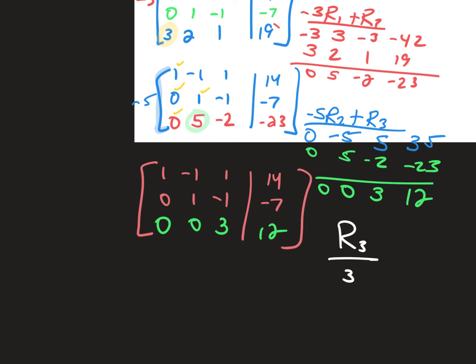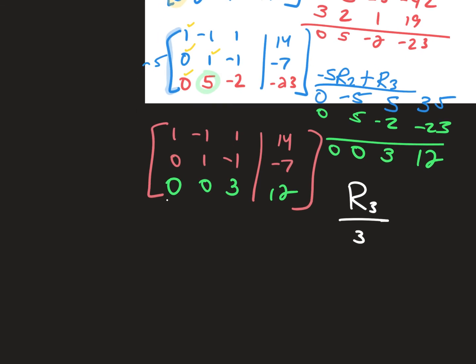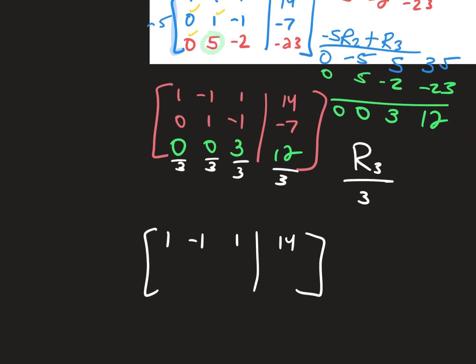If I divide the whole third row by 3, I'm left with, first row is still fine from the first step. This is super easy to make mistakes here. 0, 1, negative 7. 0 divided by 3 is 0. 0 divided by 3 is 0. 3 divided by 3 is 1. And 12 divided by 3 is 4.